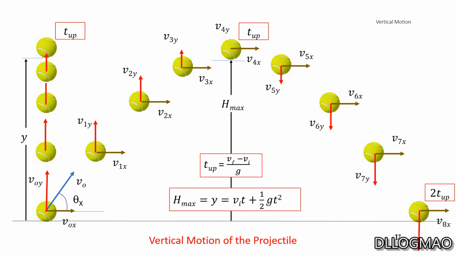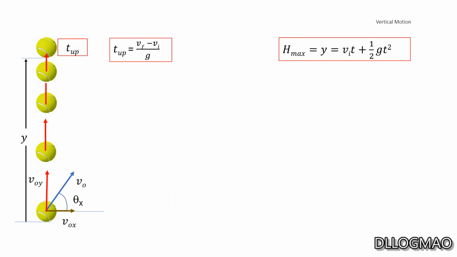The equations for projectile motion can be derived from the equations of kinematics for a freely falling body. For the time to reach the highest point of the trajectory, t sub up equals v sub f minus v sub i over g.